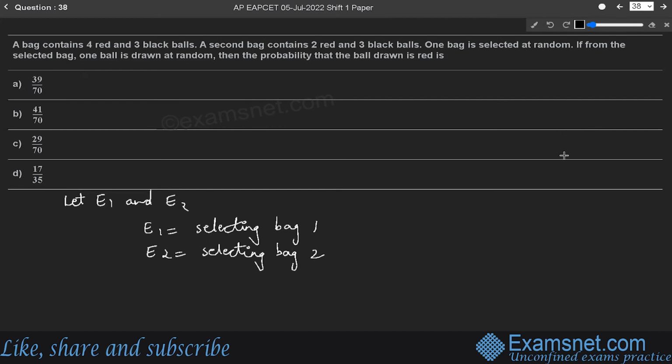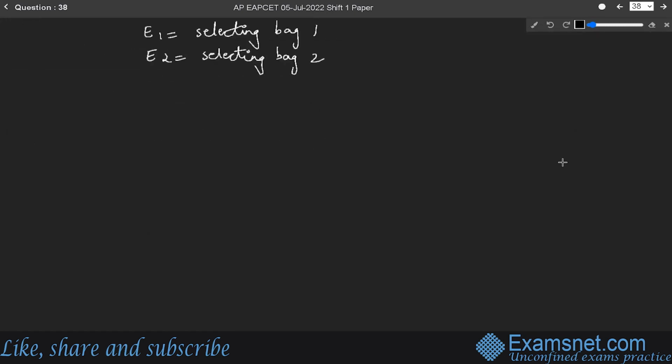So let this be the two events. We know that one of the two bags is selected randomly. So if one of the two bags is selected randomly, therefore probability will be half. So P of E1 will be half and P of E2 will be also half.